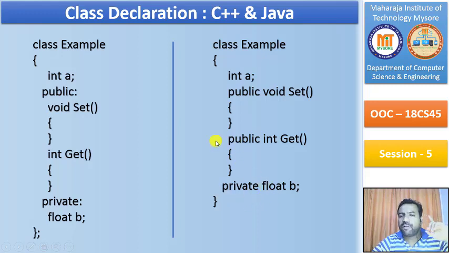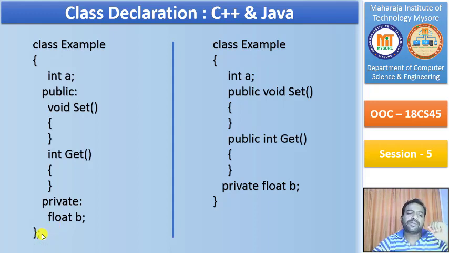This is the one major difference you should observe before you use a class in Java compared to a class in C++. The second major difference is that in C++ you use a semicolon to say this is the end of the class declaration.